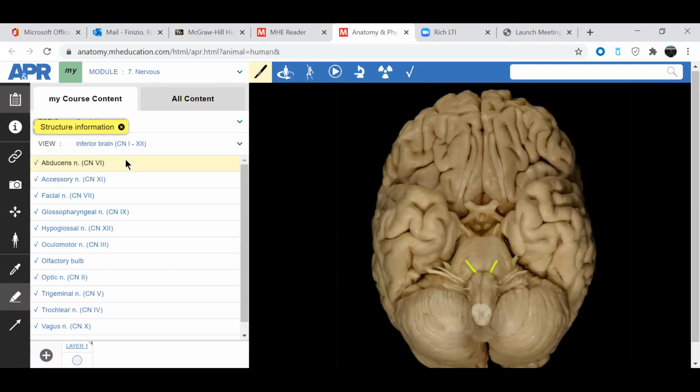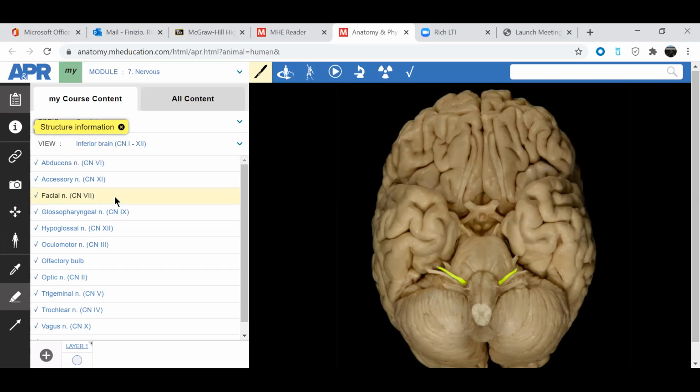So now we're getting closer to the medulla oblongata, and so most of the nerves will be at the bottom of the pons or the medulla oblongata, and here's where they get a little close. So let's go through these slow. So the facial nerve is cranial nerve 7. So 6, 7.